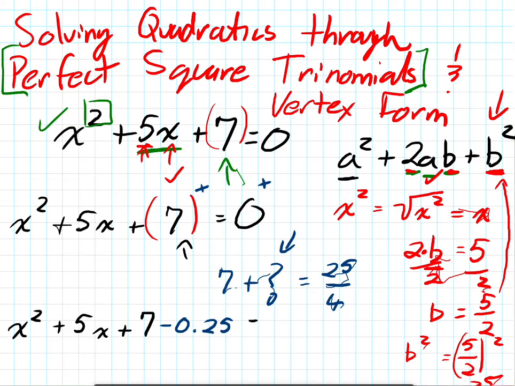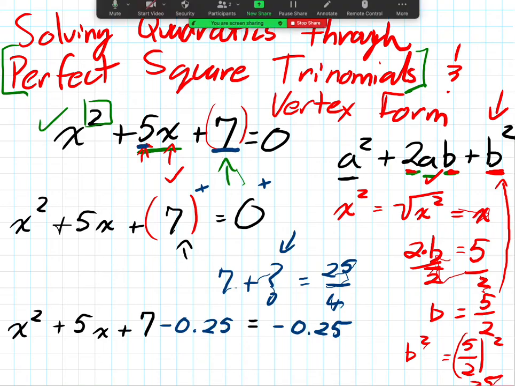And on the other side of the equation, we're going to have negative 0.25. Okay? When we put that question in, we get to a point here, and what's really important as we go through this, x squared plus 5x. I'm just going to jump up and back for a second. Fix the, this is going to be positive 6.25.